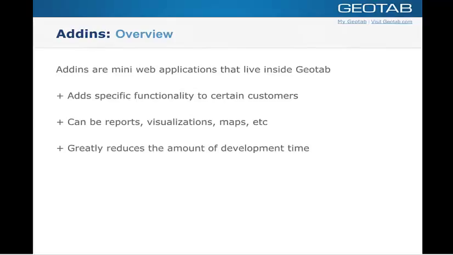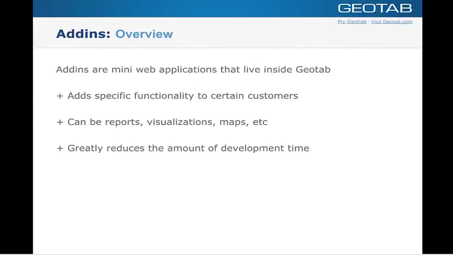Okay, so one of the things that we've most recently been working on and that I'm most excited about is the Geotab add-in. Add-ins are little mini web applications that live inside the Geotab infrastructure. A lot of people say, hey, can I get a report that does this? Or how would I find out where my guys are, under certain conditions?